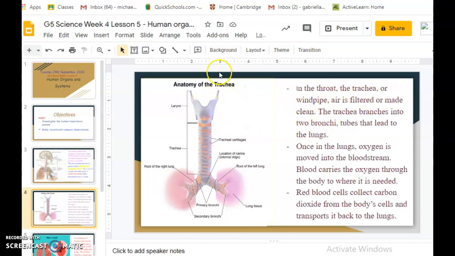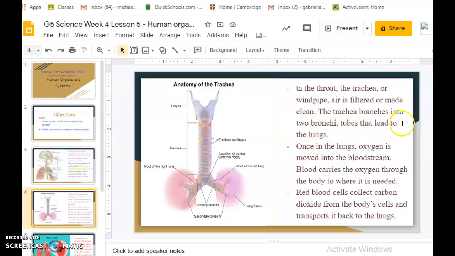As it moves along here, it is going to be filtered. There are certain substances, some hairs, that will make it clean before it gets into the lungs.